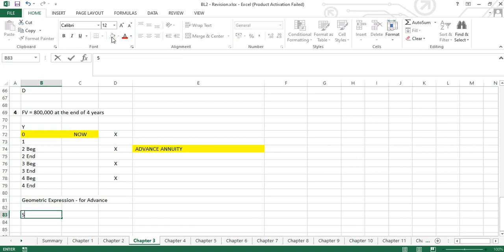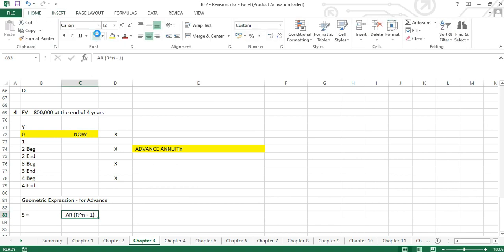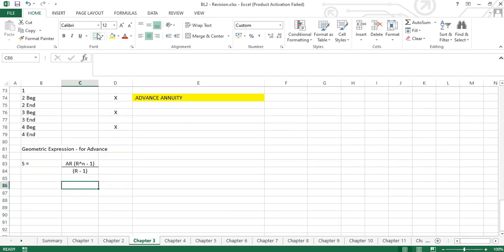S equals AR multiplied by R to the power N minus 1, the entire thing divided by R minus 1. This is the formula we use to find the future value of advance payments.